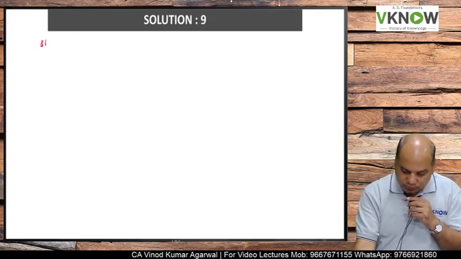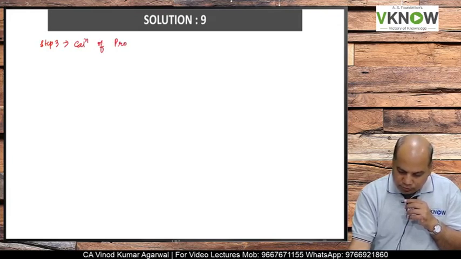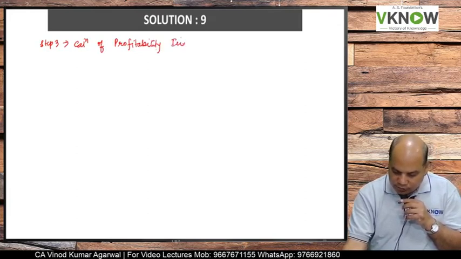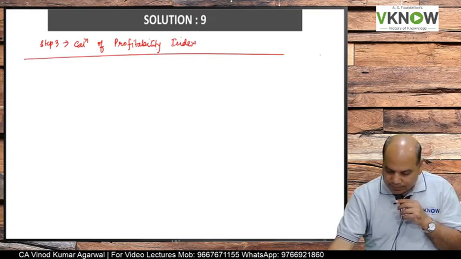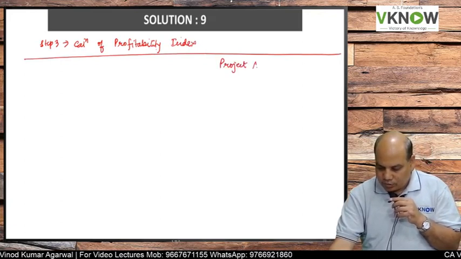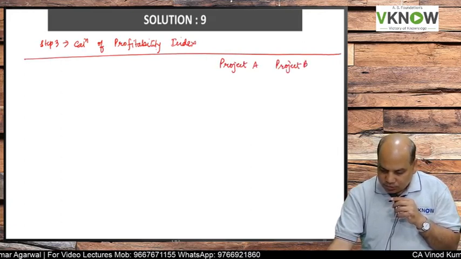Step 3. Calculation of profitability index. First chance to the student. Who will reply for project A and who will reply for project B?